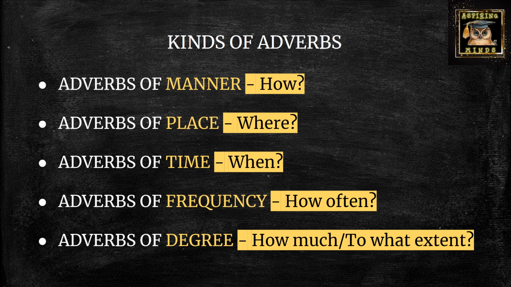So as is the easy hack over here, to identify the adverb of manner, you could question yourself about how of the action. For adverb of place, you could question yourself about where the action is taking place. Adverb of time helps you to identify when the action is taking place. Adverb of frequency tells you how often the action occurs, and adverb of degree tells you how much or to what extent the action is occurring.